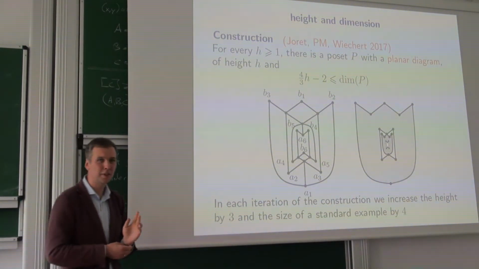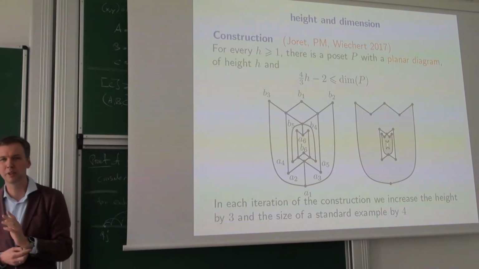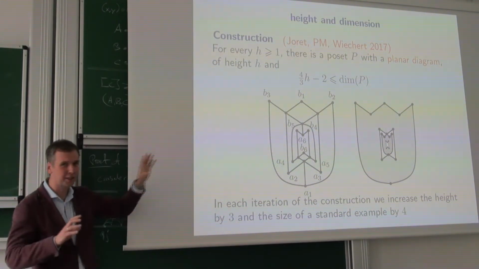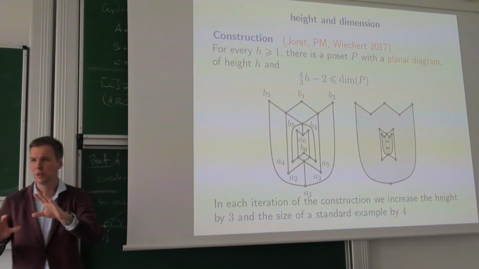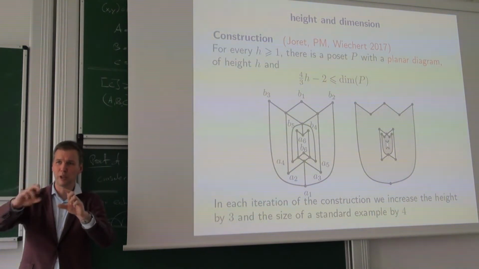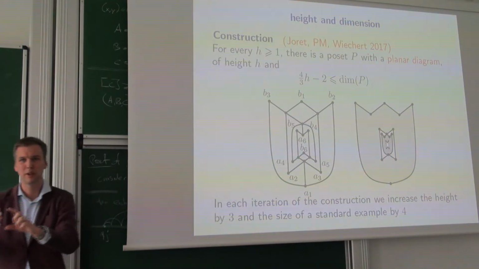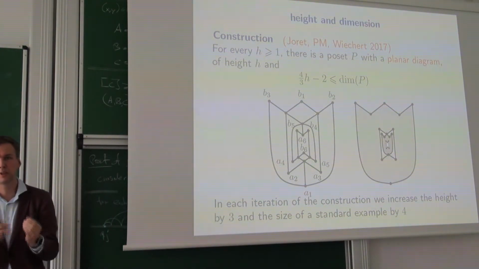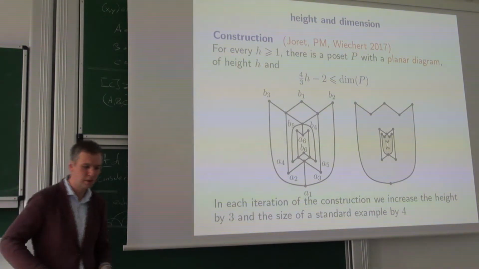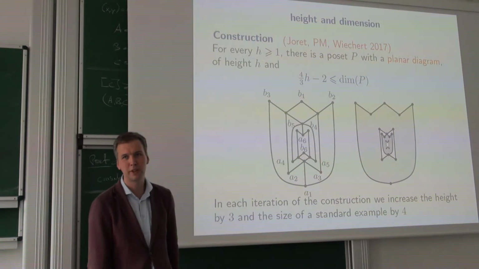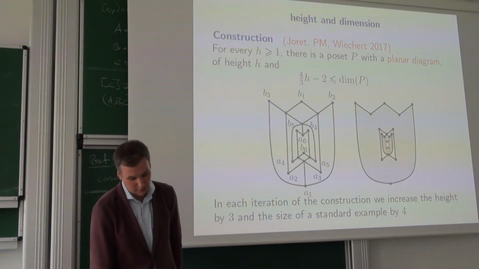But the size of a standard example that we built here goes up by 4. There's an S6 here, but one pair is used for gluing with one old pair, so effectively on each step we add +4. +3 in height, +4 in the standard example number, which gives us a lower bound on the standard example number and dimension of 4/3 h. This is the best we know.